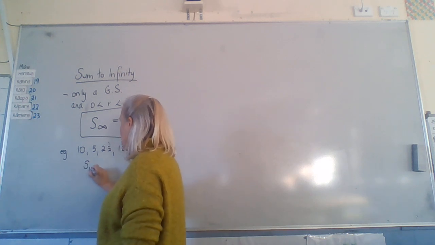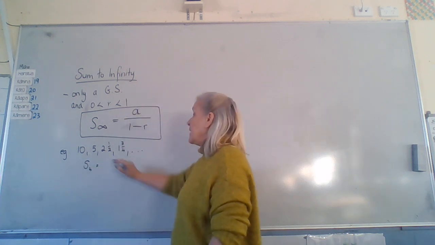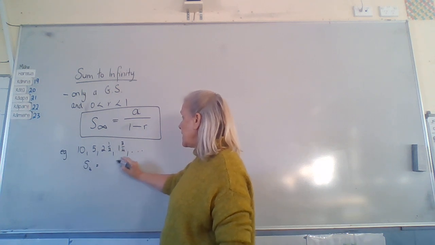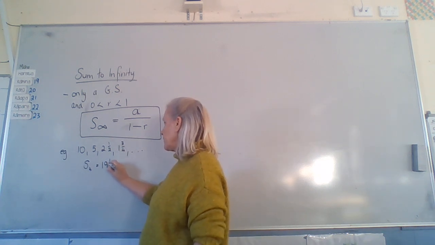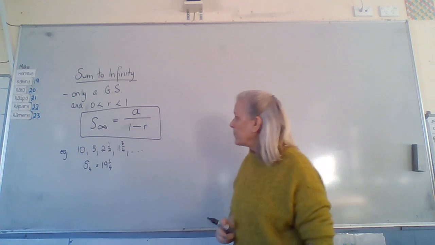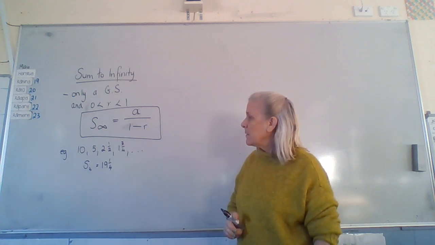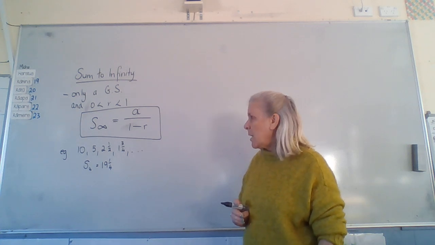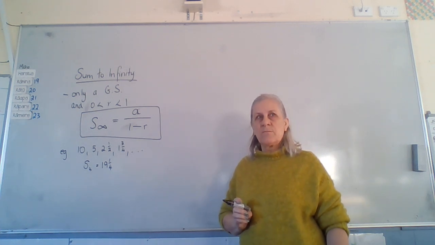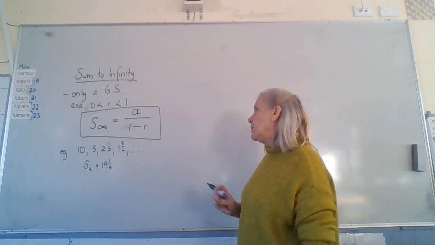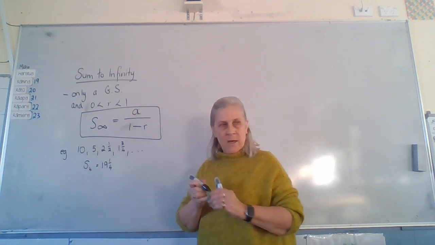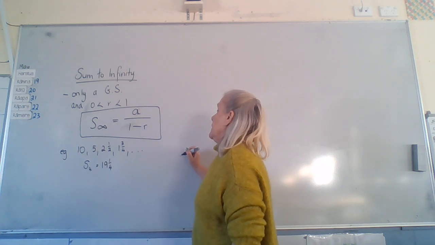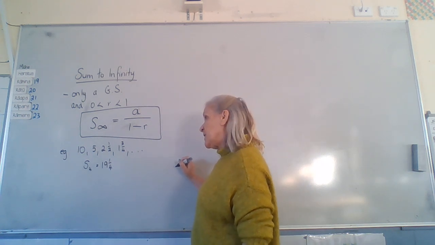S of 4. So that's 10 and 5 is 15, 17.5, 18.5, 19, 19.25. What's the next term going to be? Half of 1 3/4. 1.75 halved, that's 7/4 is 7/8.